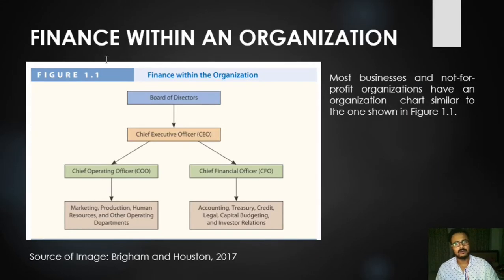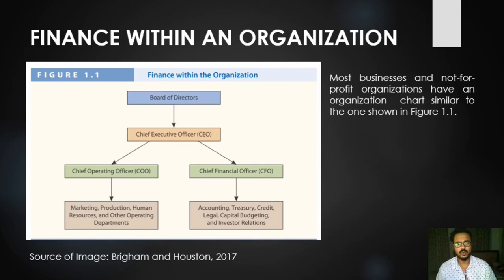Now, when we talk about finance within an organization, we need to first understand the organizational structure of a corporate entity. It is a chart similar to the one shown here.